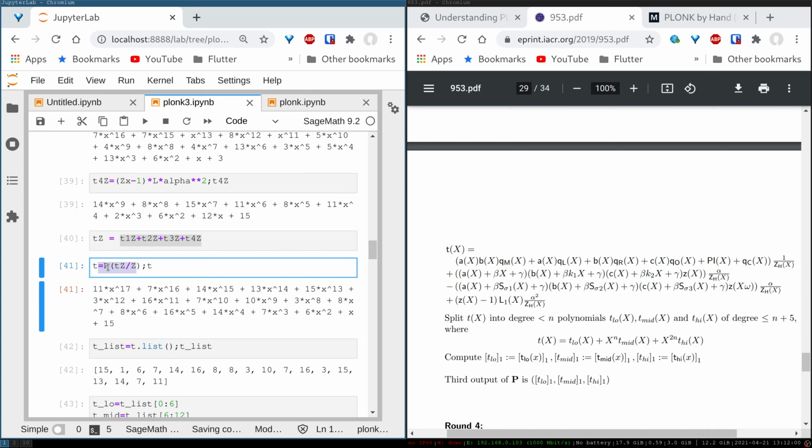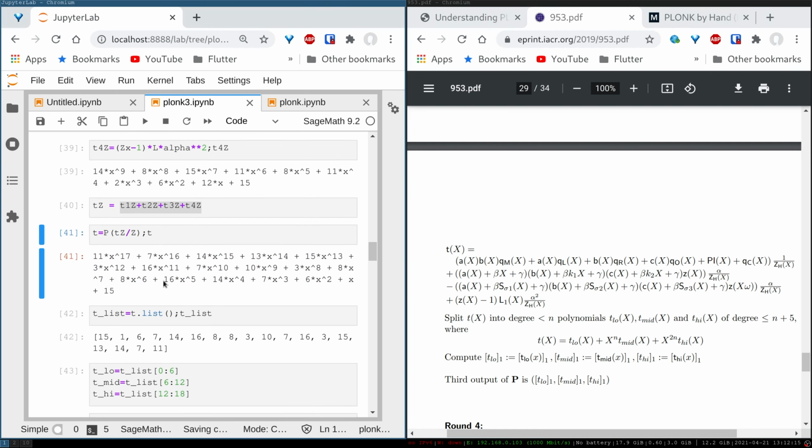We get an error because Z would not divide TZ. Then that gives us T. So T is going to be this guy usually, and T is going to be of a pretty high degree because you're multiplying polynomials together, right? You multiply 3 polynomials of the degree 6.